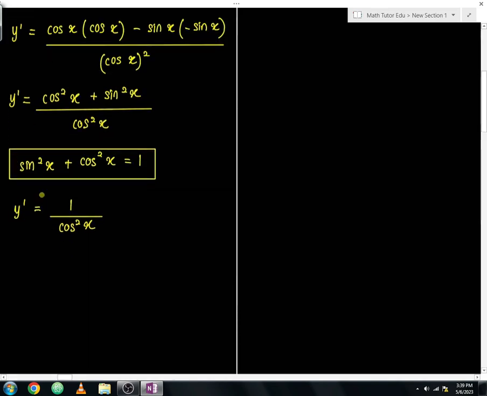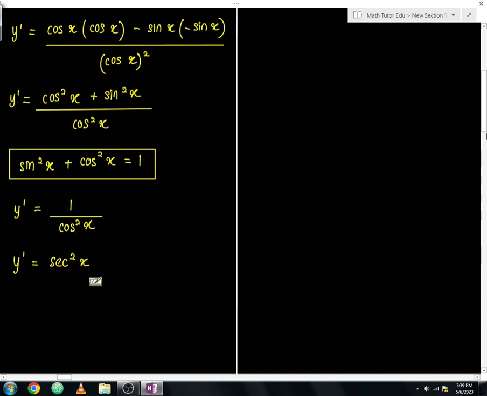So from here we are very close to our final answer. Since 1 over cos x is equal to secant x, 1 over cos square x will be equal to secant square x. So this is your answer.